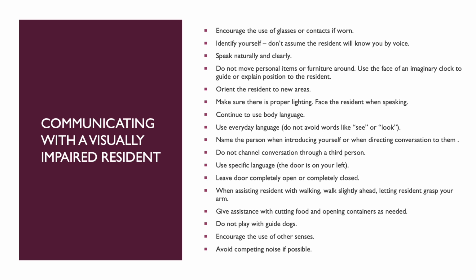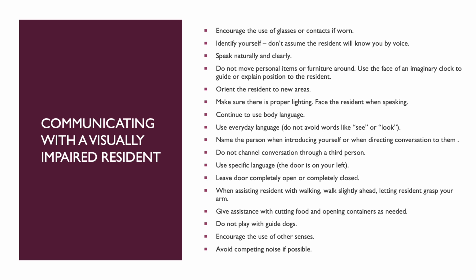If something was directly behind them, 6 o'clock. If something was directly to the left of them, 9 o'clock. That gives you an example of using an imaginary clock to explain position. We want to make sure we orient the resident to new areas, especially those that are legally blind.